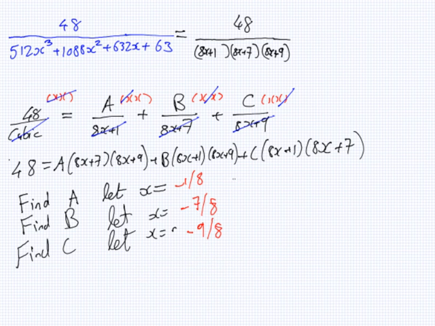So let's see what happens. In the first one, I'll get 48 equals A times a number. In the second one, I'll get 48 equals B times a number. And in the last one, I'll get 48 equals C times a number. Let's see what that number is.